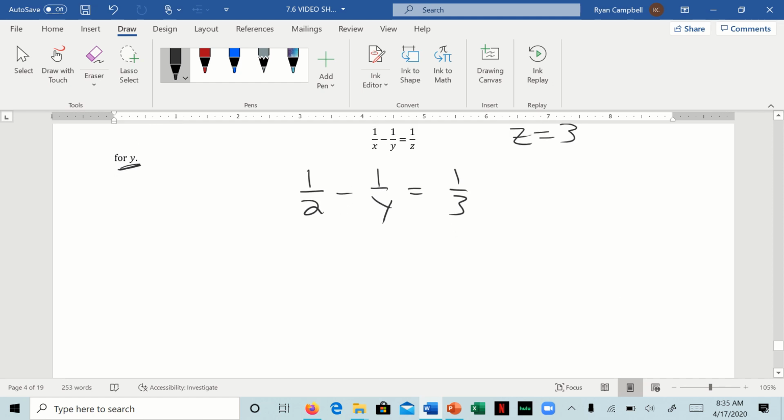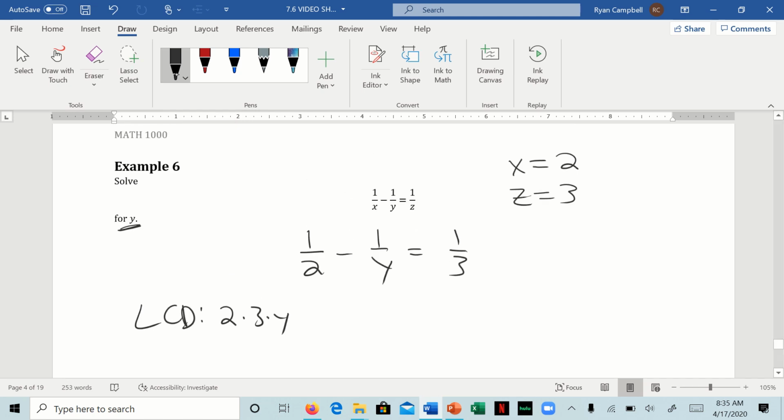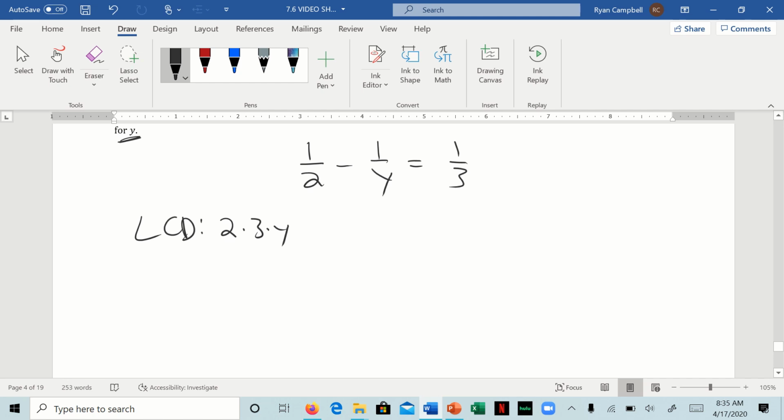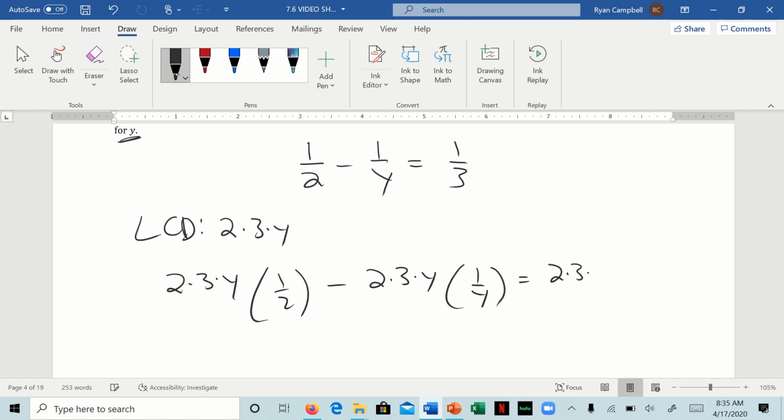We can see that the LCD is just going to be 2 times 3 times y. Remember, don't multiply these together. It's separate because x and z are separate. So we multiply 2 times 3 times y by 1 over 2, 2 times 3 times y times 1 over y, and 2 times 3 times y by 1 over 3.